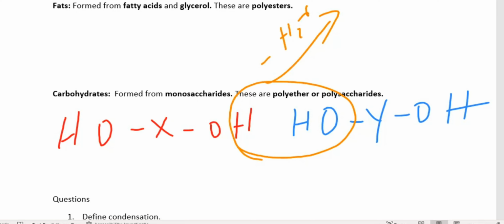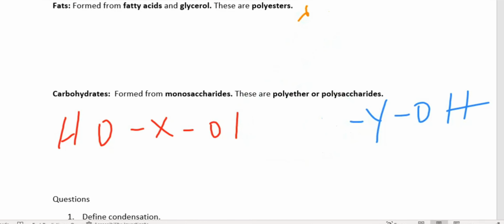And what you're now left with is this oxygen bonded to the Y. So after we take out our water, this is what we're going to be left with: HOXOYOH. And of course, let me change that Y back to X. So there it is.